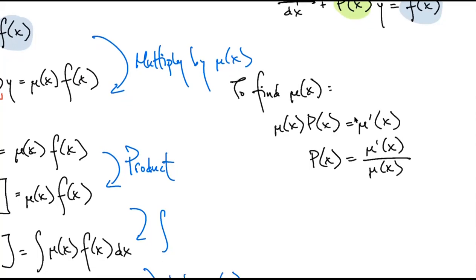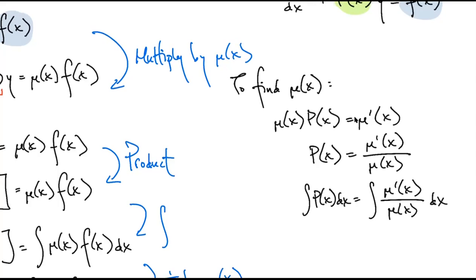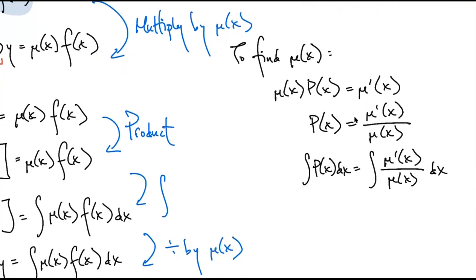And I'm going to go ahead and integrate both sides. So the integral of p of x dx equals the integral of mu prime of x over mu of x dx. And it turns out that this integral of mu prime of x over mu of x is a u substitution, and then we'll end up with a natural log on that side.